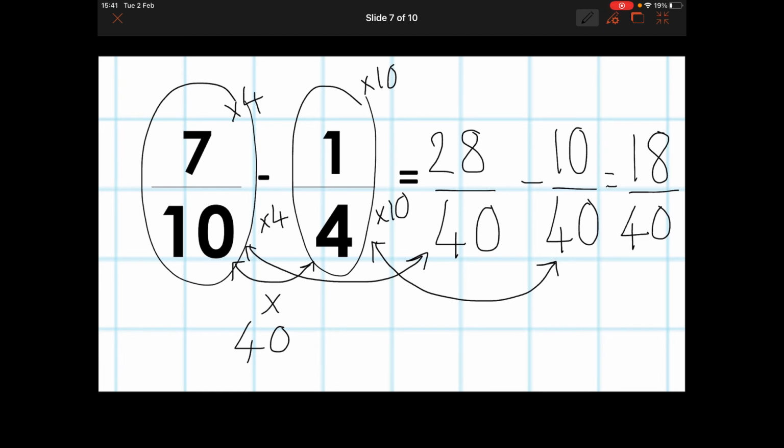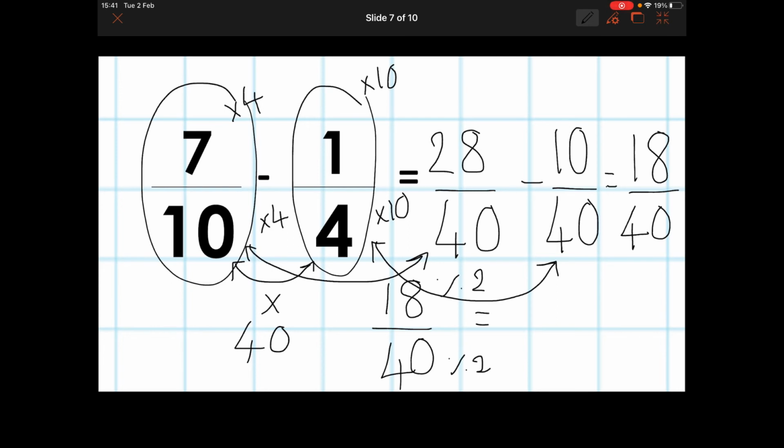Now, we know they're even numbers and they're quite big numbers. What number could we divide both by? Let's try 2. Now I'm rewriting it at the bottom. Divide them both by 2. 18 divided by 2.